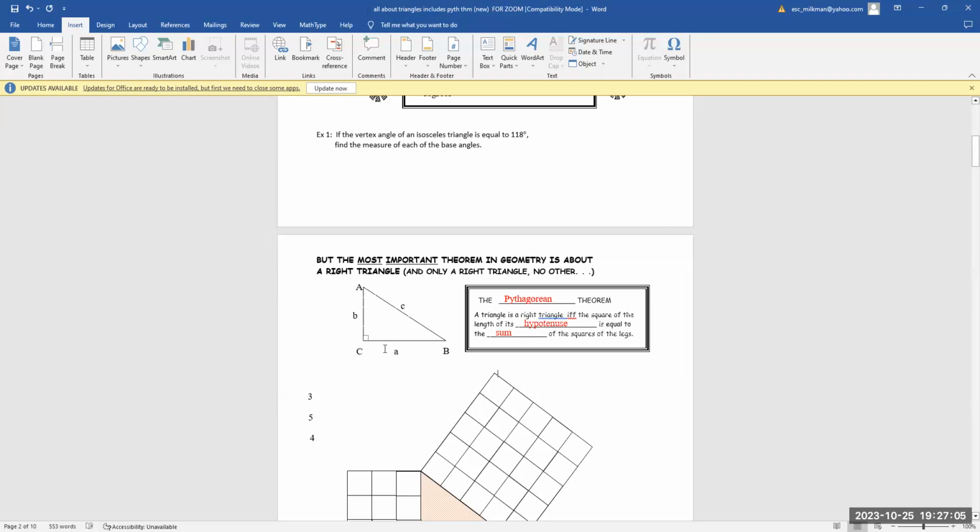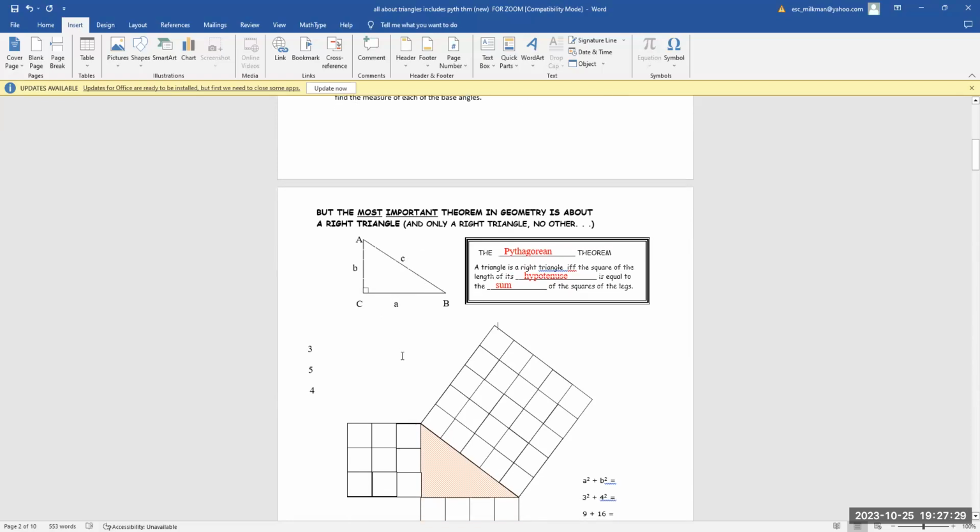So again, recalling this leg and this leg, one called a, one called b, if you sum their squares, if you take a squared and add b squared, it will equal the square of the length of the hypotenuse. It'll equal c squared. So perhaps you've heard before, a squared plus b squared equals c squared.